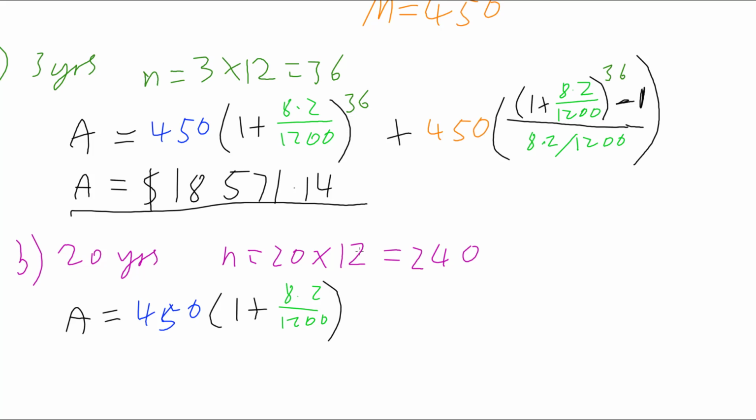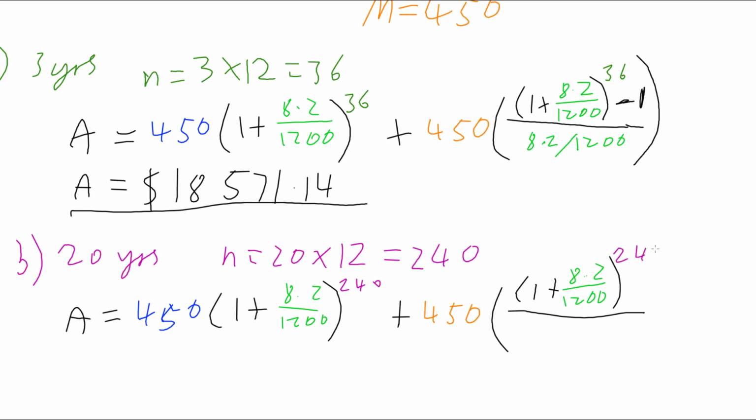And so n changes here, we're going to have to the power of 240, plus 450 times by 1 plus 8.2 over 1200 to the power of n, so that's the only bit that's going to change, 240, minus 1, over, again, our I, 8.2 over 1200.